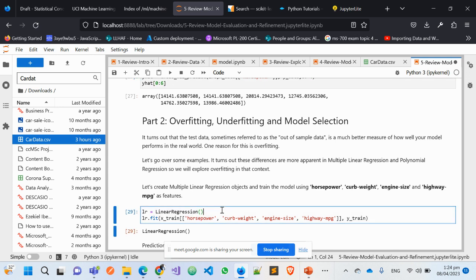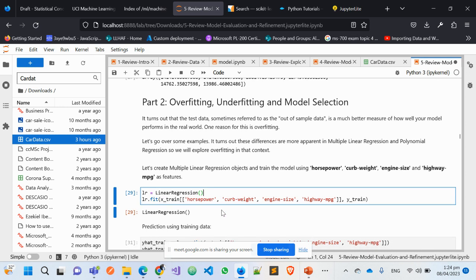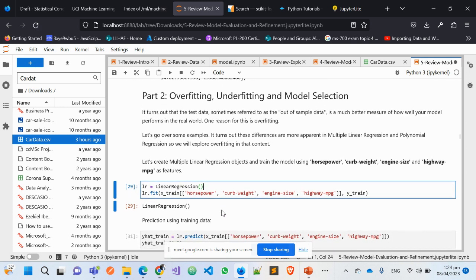The discovery was multiple linear regression. So here in the second part of module 5, we have underfitting, overfitting, and model selection. On this end, we are also trying to get the multiple linear regression variables, I mean the columns, the attributes.